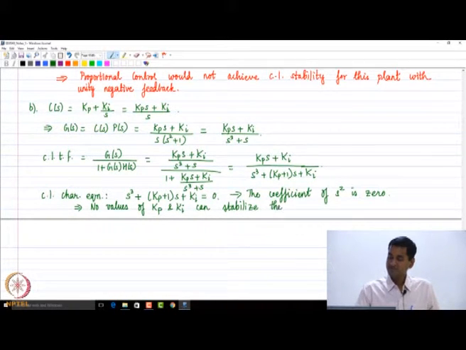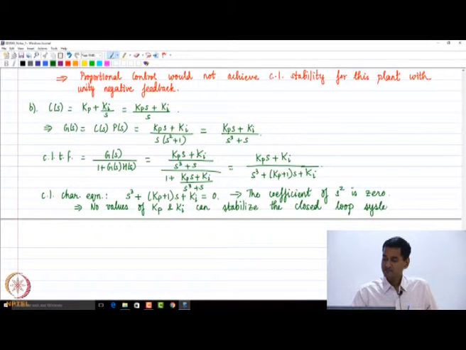That is the implication of this result. Correct. So the PI controller will not work. Now you see why we digressed and learned the Routh stability criterion and came here. You can see that our analysis becomes more simple.